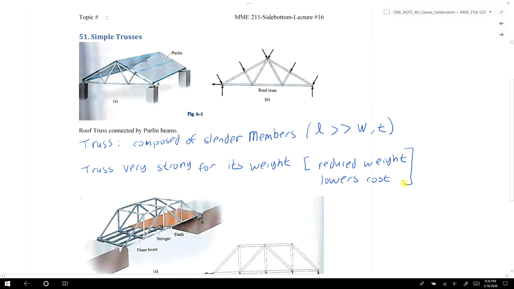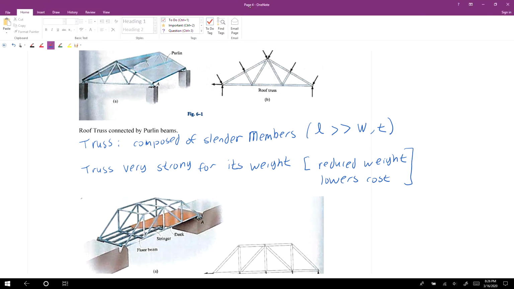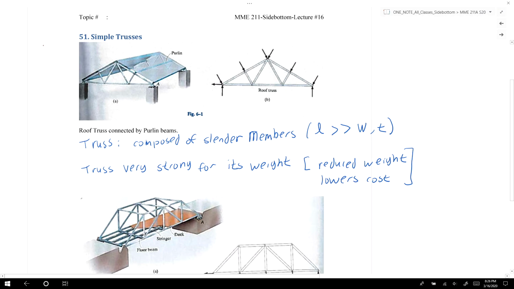So trusses are great for high strength to weight ratios, which makes them ideal for structures such as roofs. We have an example of a roof truss on the top of our screen here.